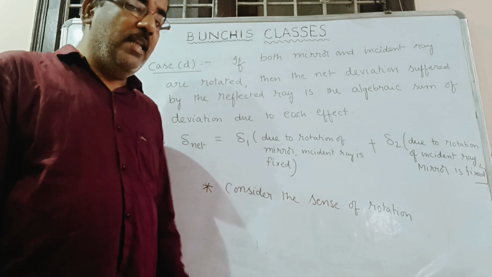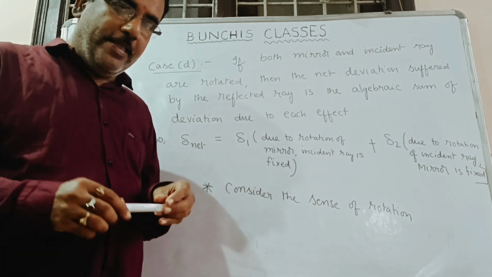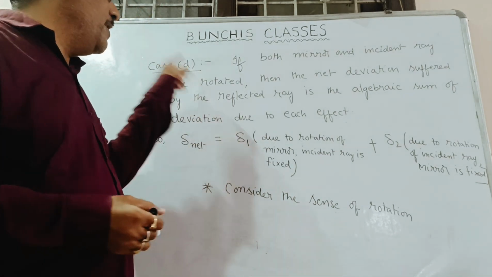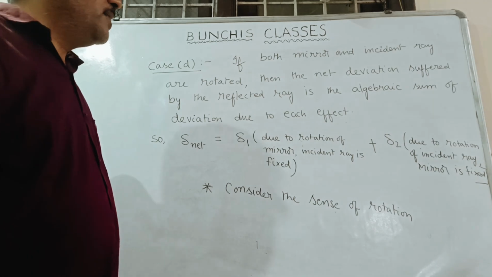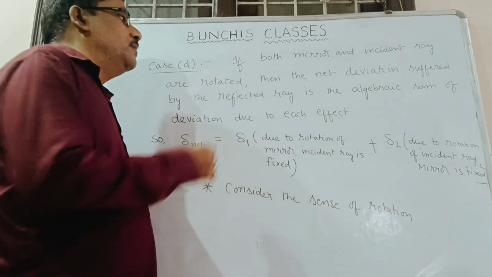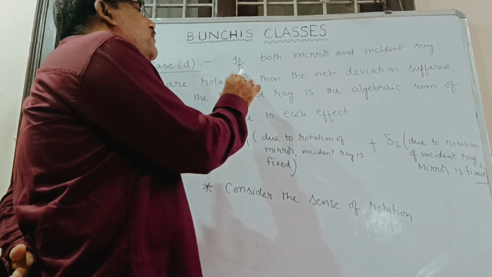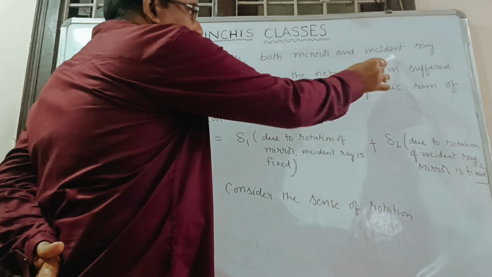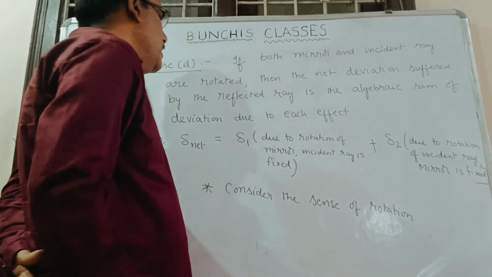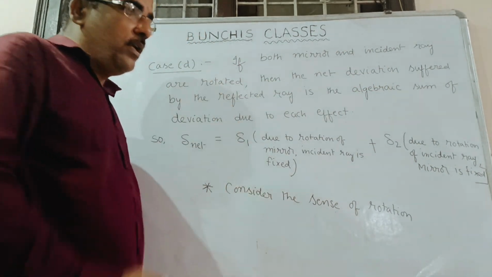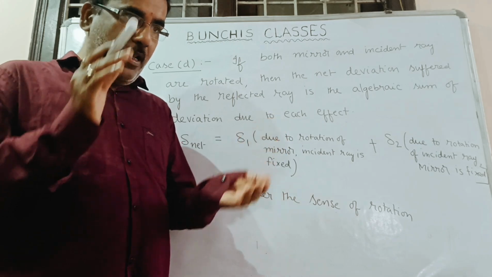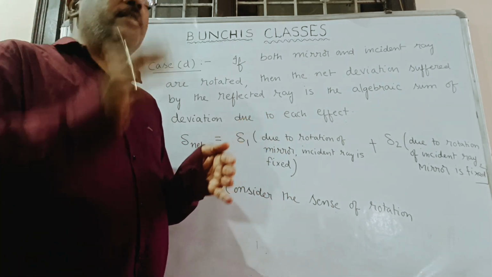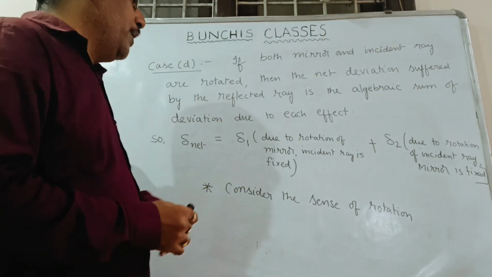Now, let us consider the fourth case, which is case D. In this case, we are going to observe what happens if both the mirror and the incident ray are rotated. Here, what are we doing? Mirror and incident ray, both we are rotating.